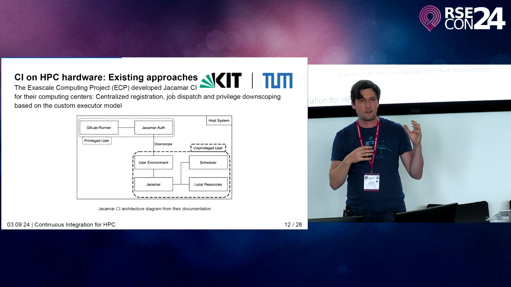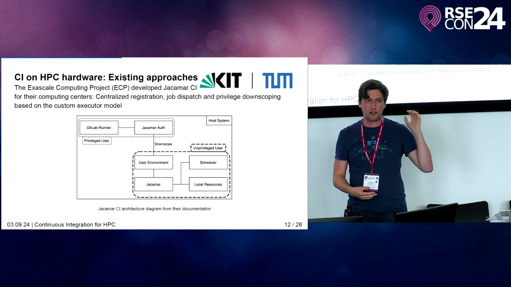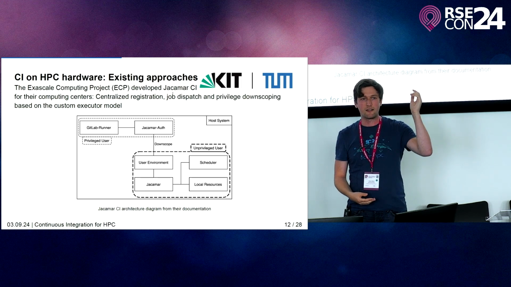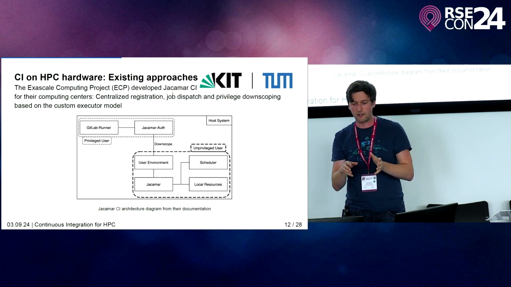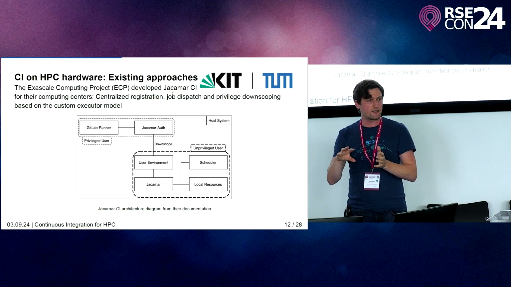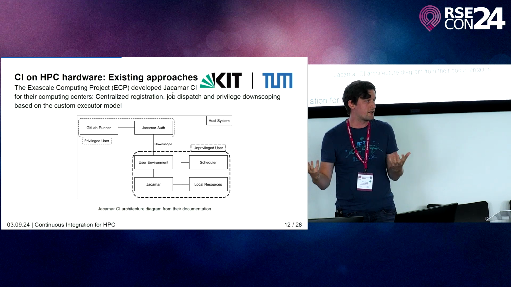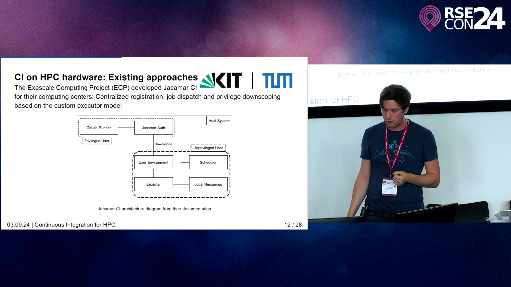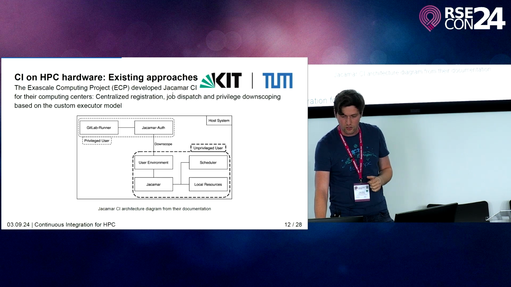The maintainers of the system also maintain the Jacamar. They register all the runners, and once a job comes in, it has to be authenticated, downscoped to the right user, and then executed inside an unprivileged context, which is what is supposed to happen if you want a secure approach to running CI jobs.